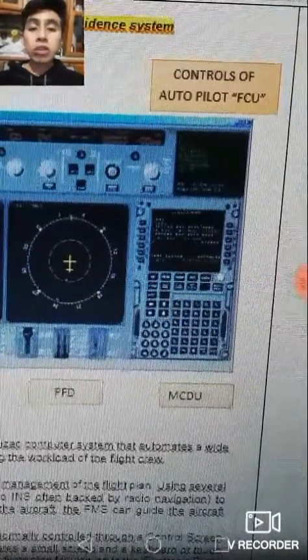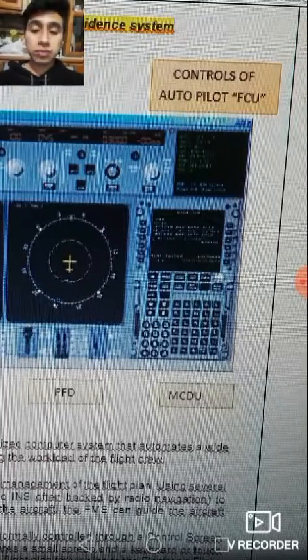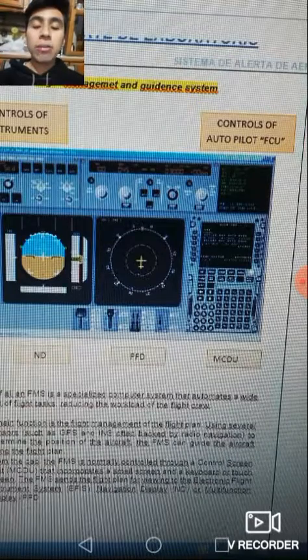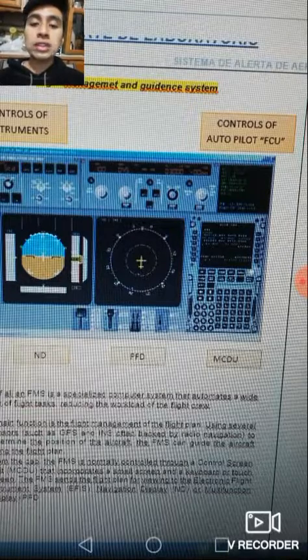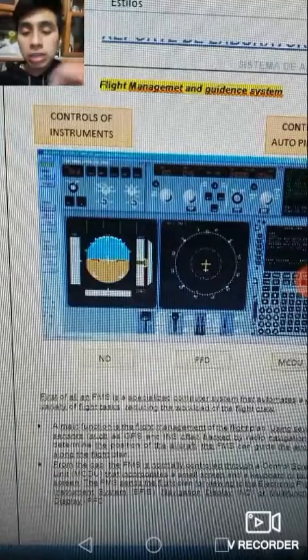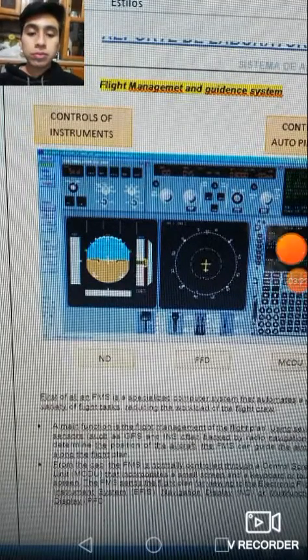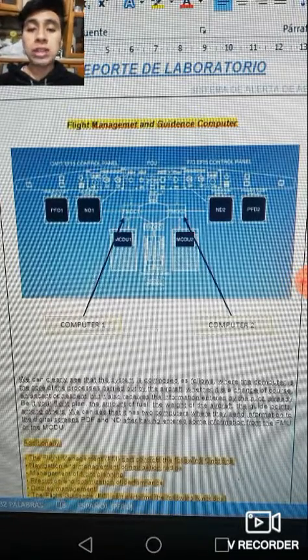And another control is the control of autopilot, the FCU. This FCU controls heading, vertical speed, Mach, and other systems related to aircraft navigation. I mention this in this picture of the control instruments. So this picture helps to improve our skill about the aircraft.